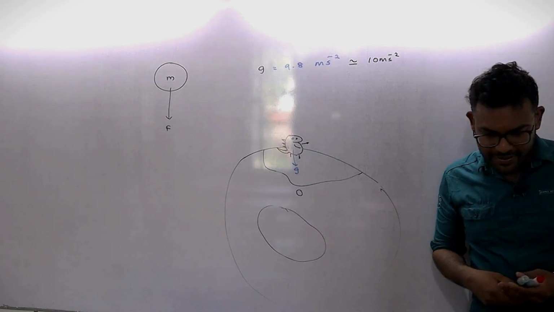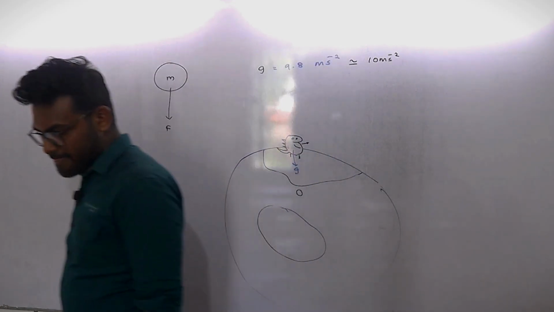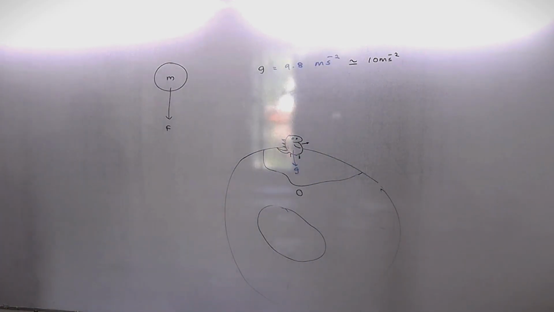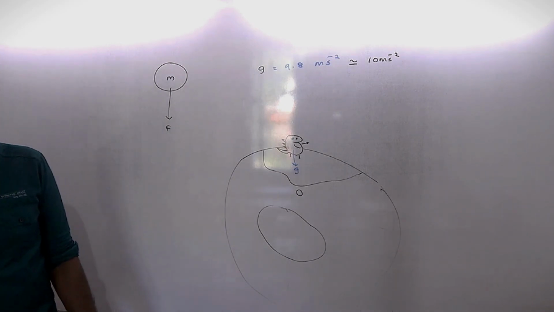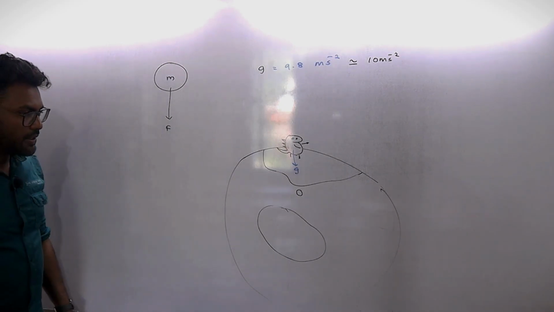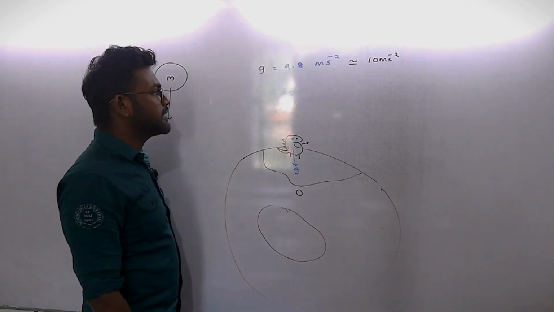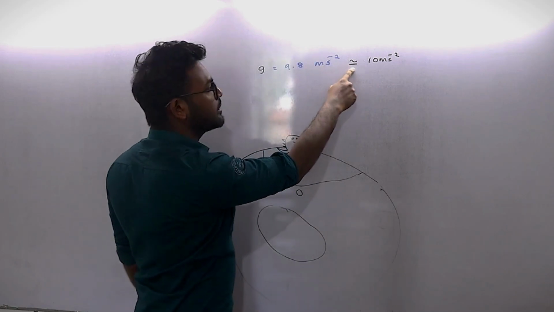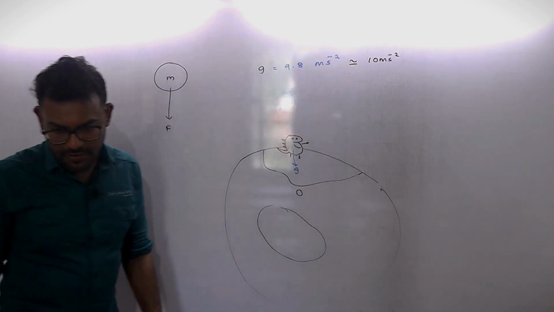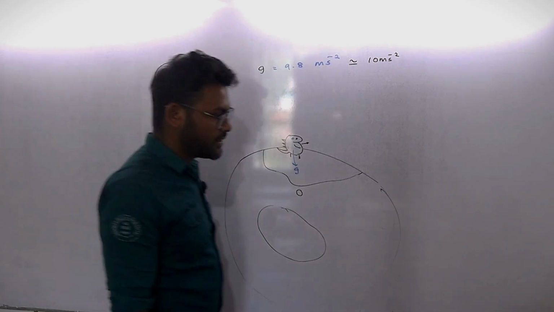Closer to the Earth's surface, simply g equals 9.8 meters per square second. And this is called the approximately equal sign here. Approximately equal to 10 meters per square second.